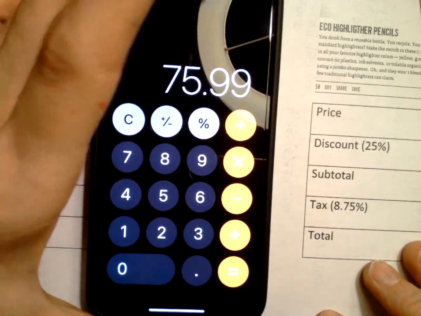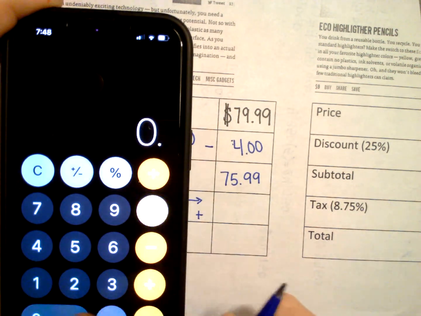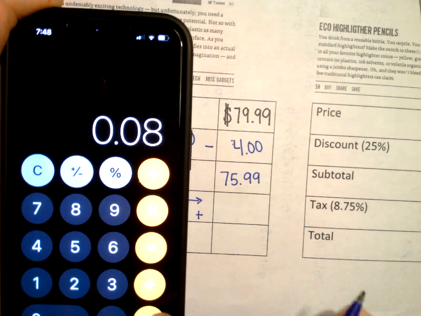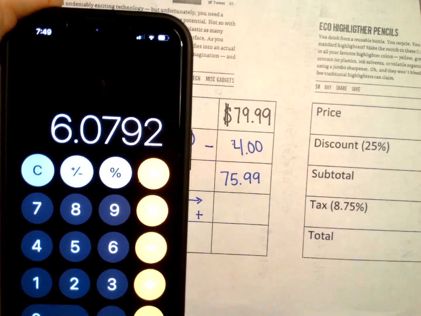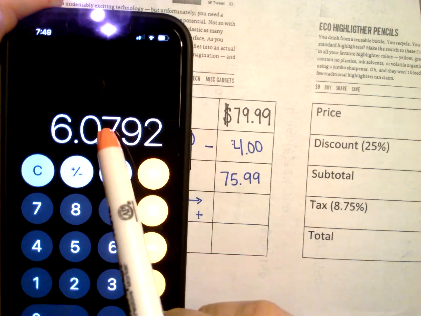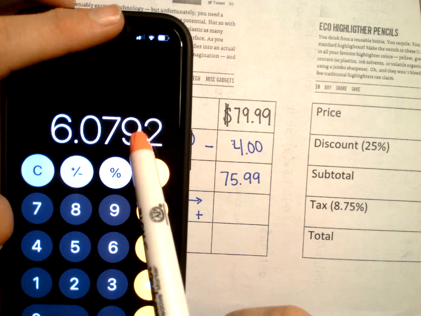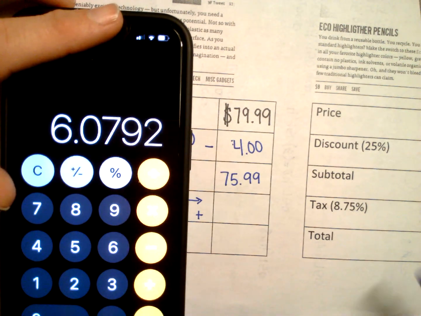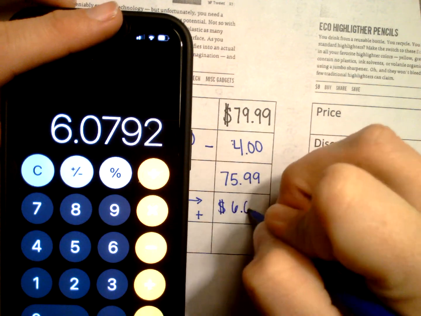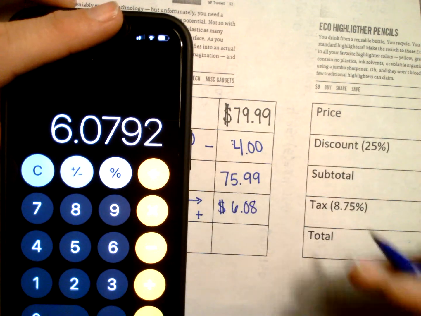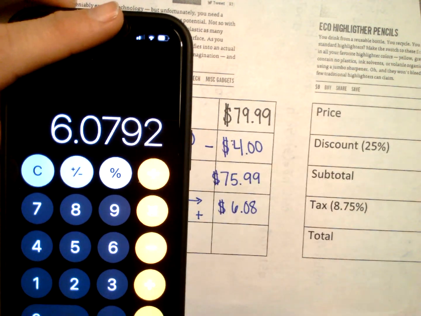So I have $75.99, and I multiply that by 8%. I get this number. So my sales tax, again, I'm going to look at my hundredths place value and look to the right to the thousandths. It is a 9, which means that my 7 has to go up 1. So it's $6.08.